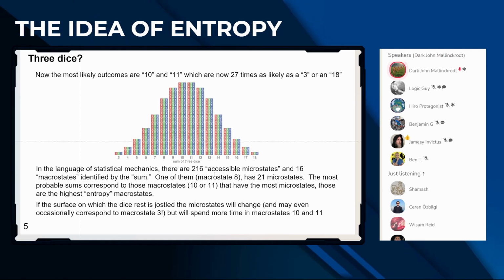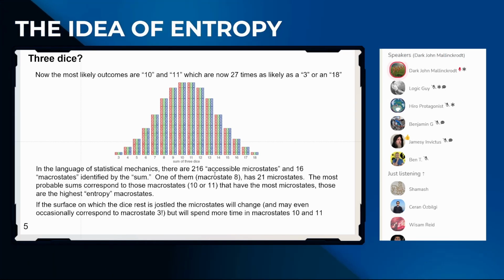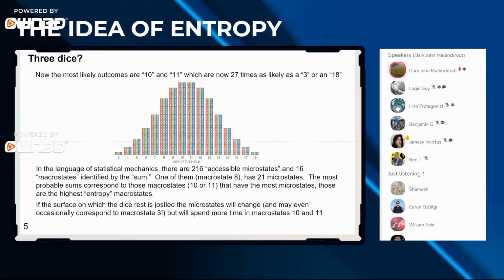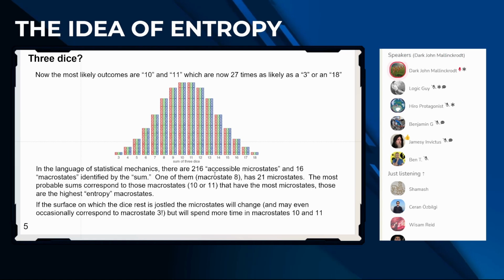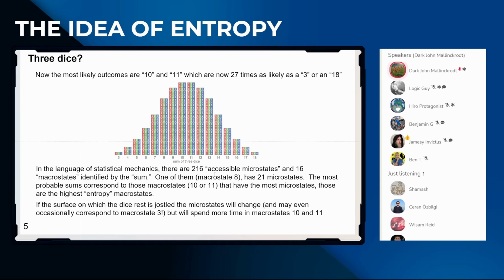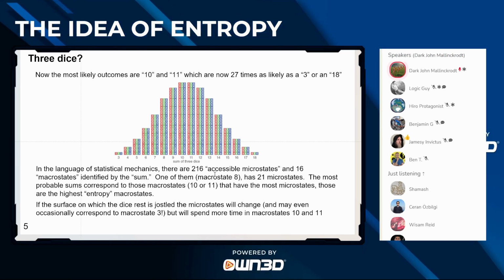So this is a very broad distribution. Notice, by the way, that 10 and 11 are centered on 10.5. 10.5 is 3 times 3.5, because if you roll a single die over and over again, say 1,000,000 times, and add up all the results, the result should be pretty close to 1,000,000 times 3.5, because any single die rolled over and over again will on average give you 3.5.